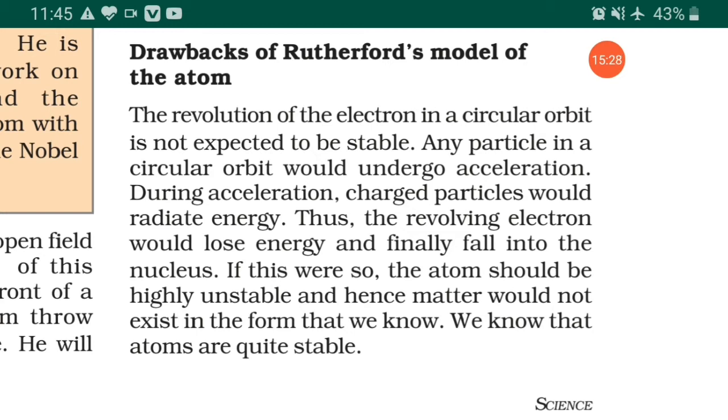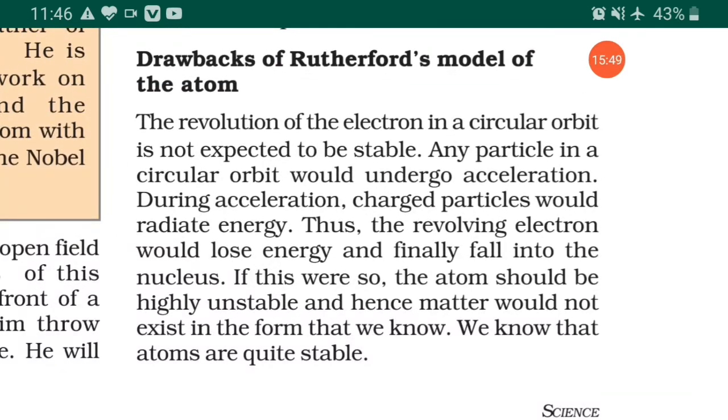Thus, the revolving electron would lose energy and finally fall into the nucleus. If this were so, the atom should be highly unstable and hence matter would not exist in the form we know. But we know that atoms are quite stable because of the balancing of positive and negative charges in the atom.